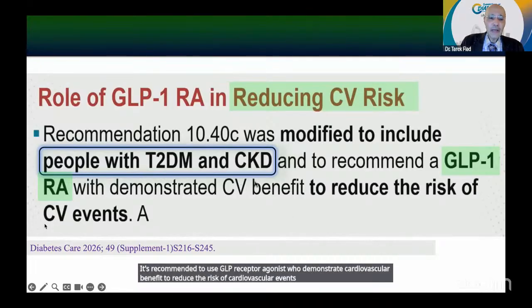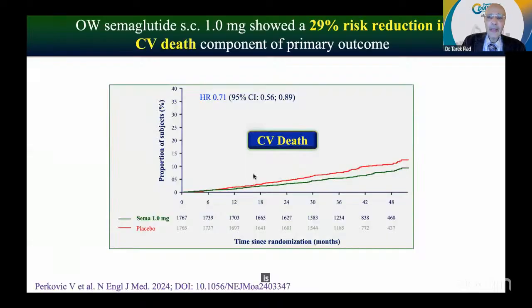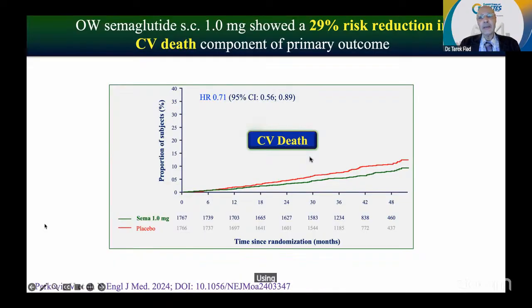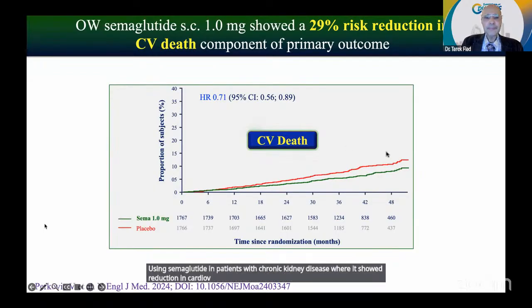So for reducing cardiovascular events in patients with CKD, GLP receptor agonist is a recommended therapy. And this was based on the sub-analysis of the FLOW study using semaglutide in patients with chronic kidney disease, where it showed a reduction in cardiovascular death.